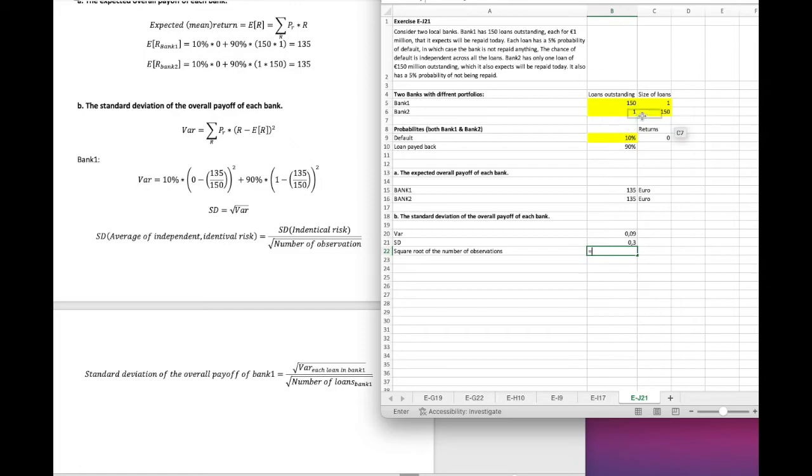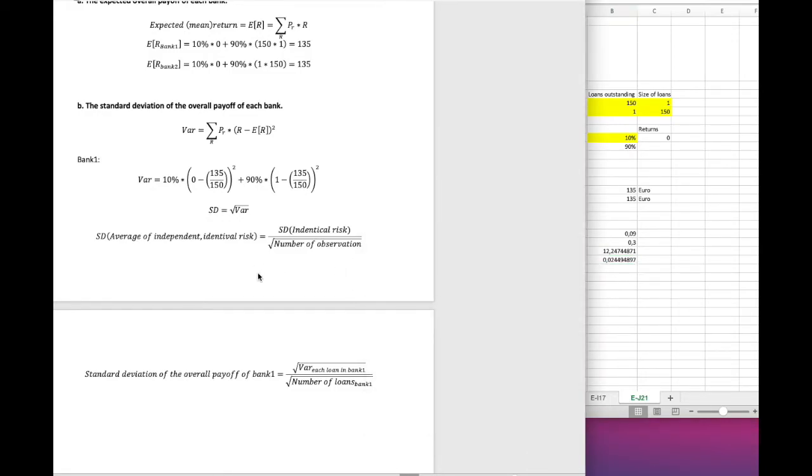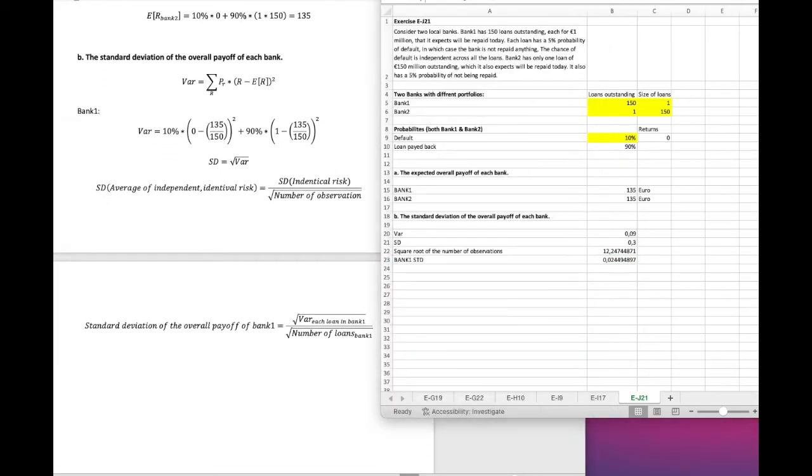And the square root of 150 would be 12.24. So the bank 1 standard deviation, the overall standard deviation, would be 0.0244. Then I don't have to round down.